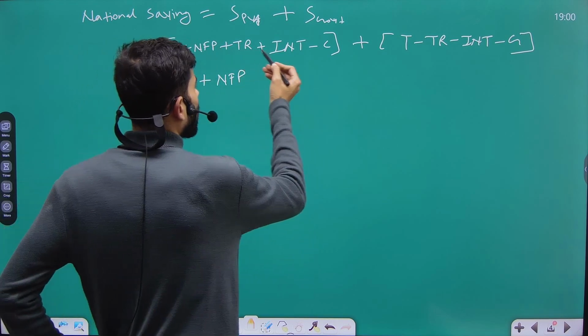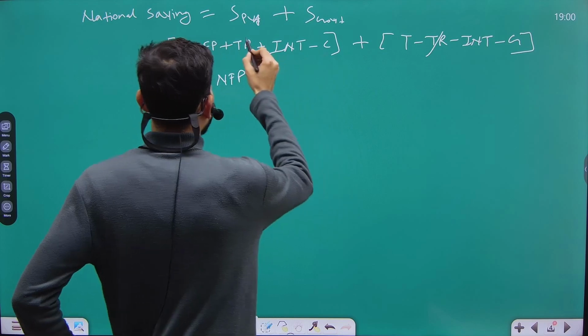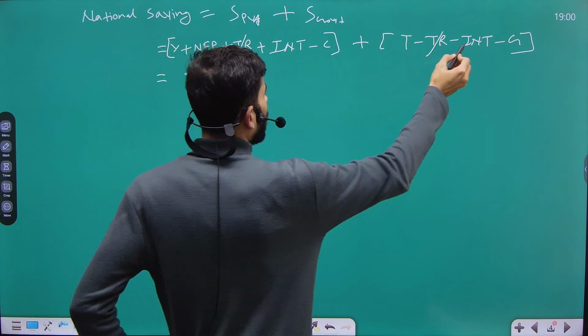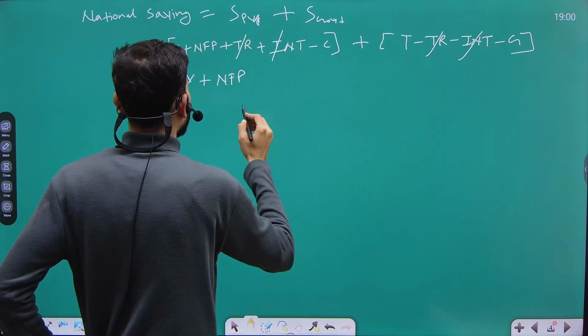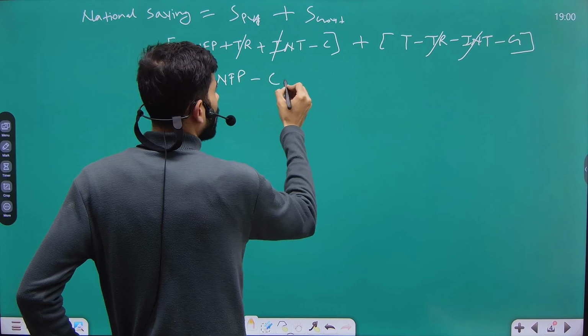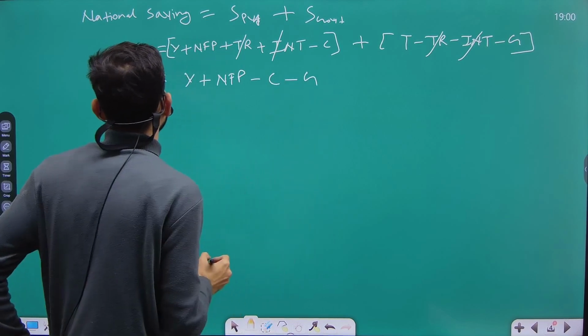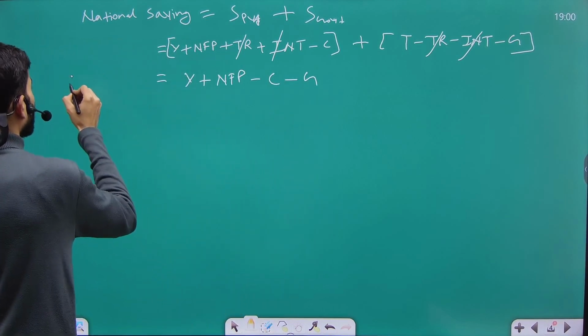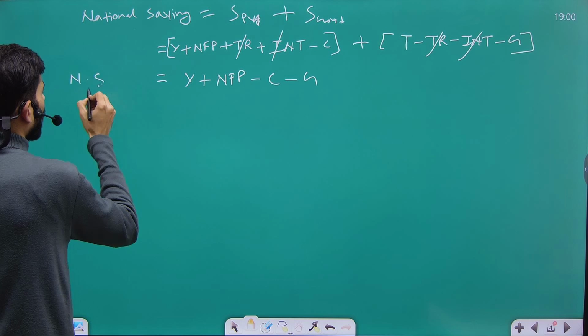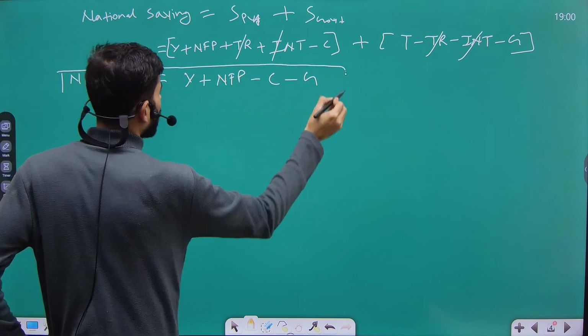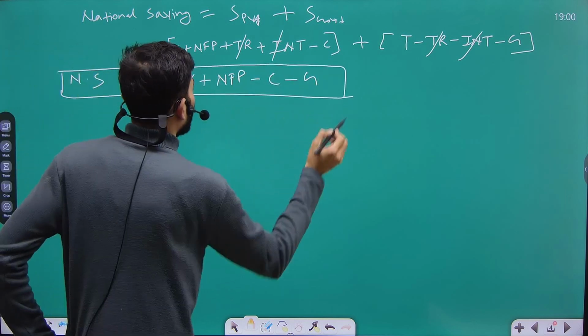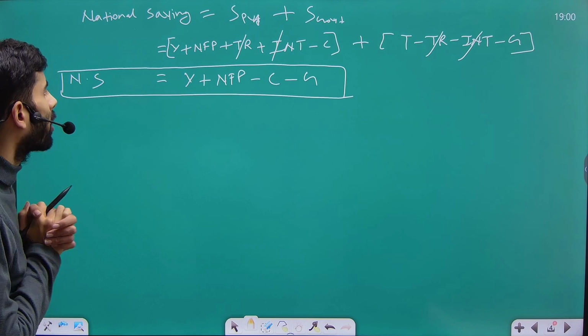Here transfer is plus, here it is negative, this will get cancelled. Similarly interest payments, so minus C and minus G. So national saving can be termed as Y plus NFP minus C minus G.